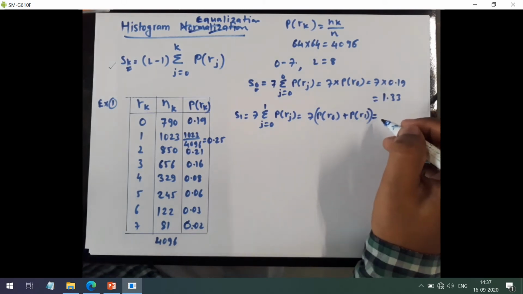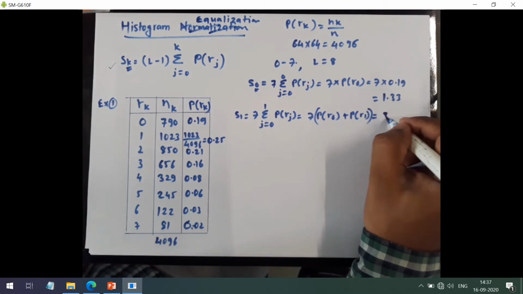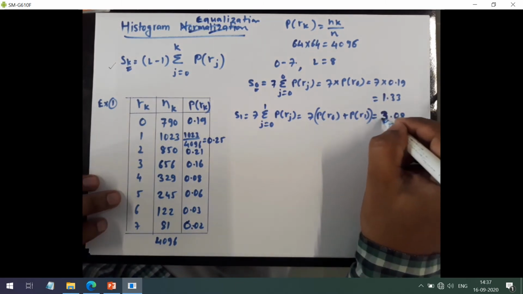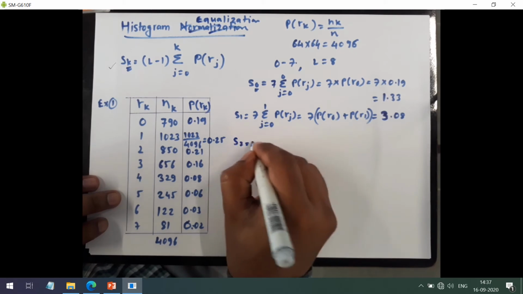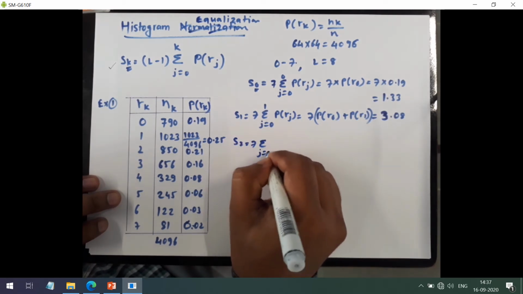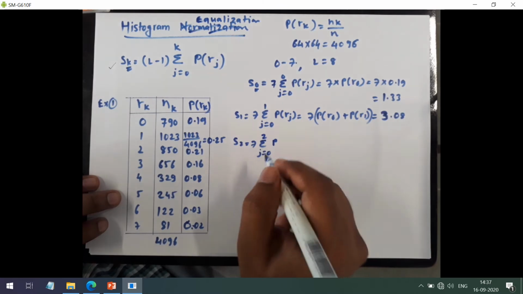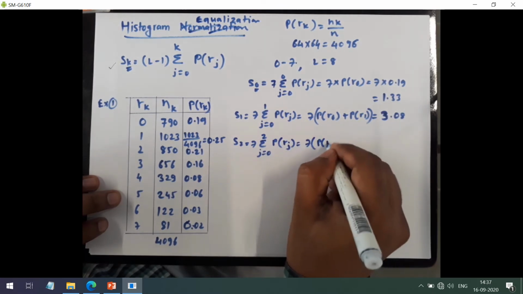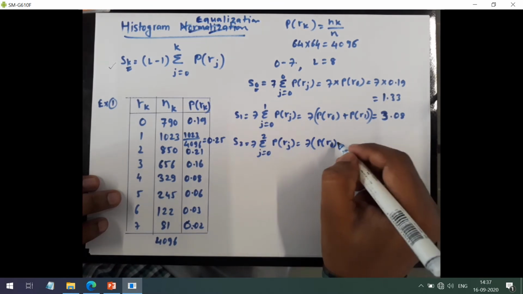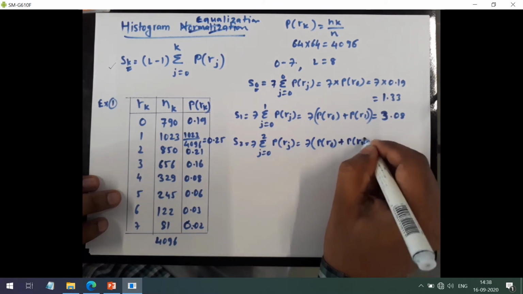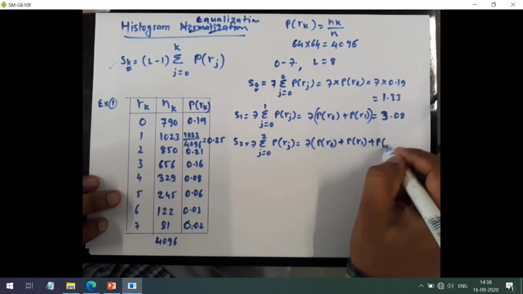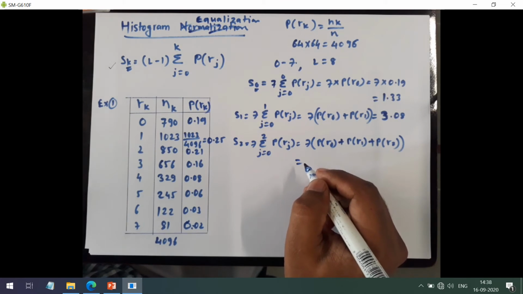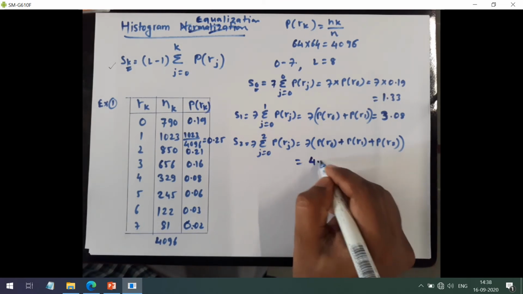Okay, which will come out to be 3.08. Okay, 3.08, this is S1. Then S2 will be 7 times the summation of j equals 0 to 2 of P of Rj, that is 7 into P of R0 plus P of R1 plus P of R2, which will come out to be 4.55.